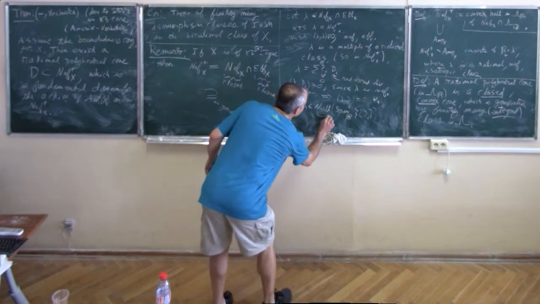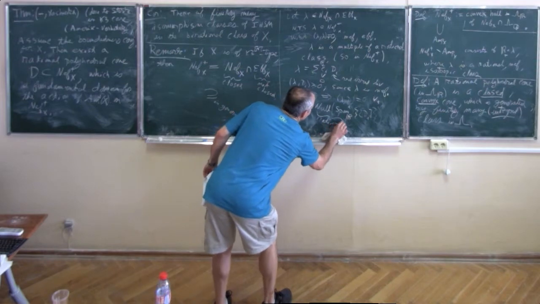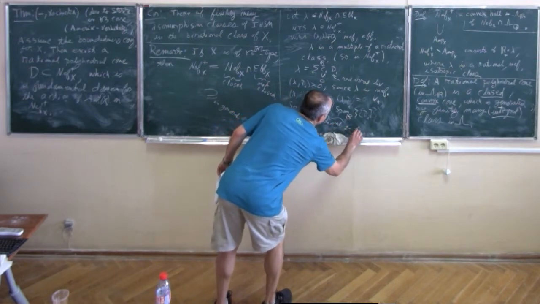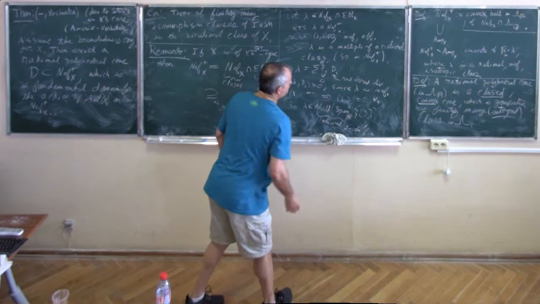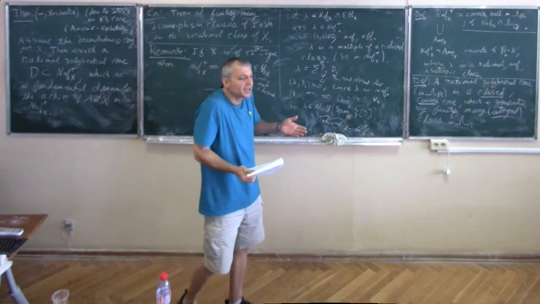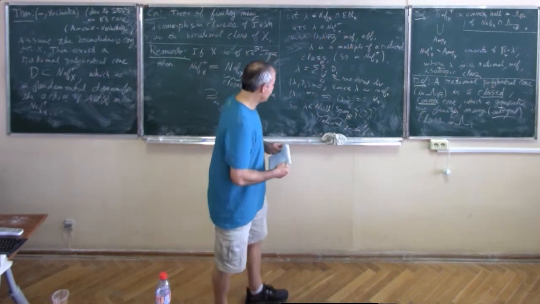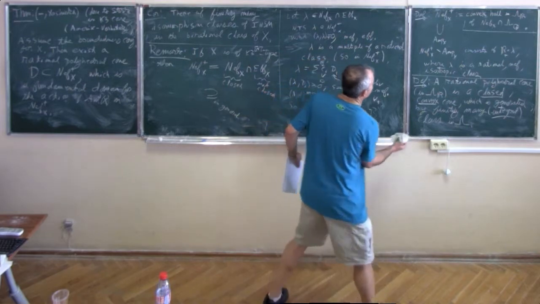This is rational, one-dimensional. So lambda is a multiple of a rational class. Yes, because by signature, this lattice has signature (1, rho minus 1). All right, so that's it.